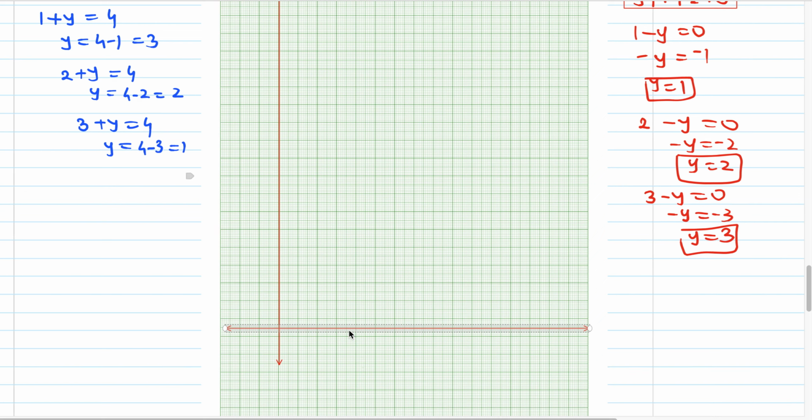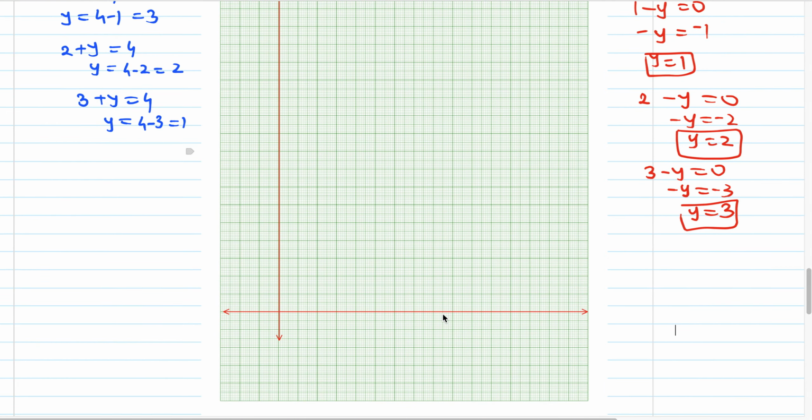Okay, so the line should be here. Okay, and now let me make the lines a bit darker.